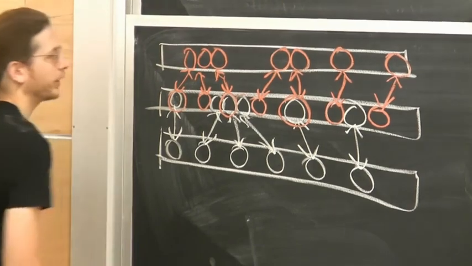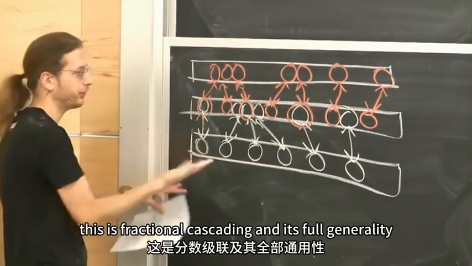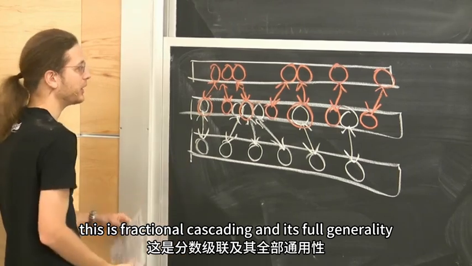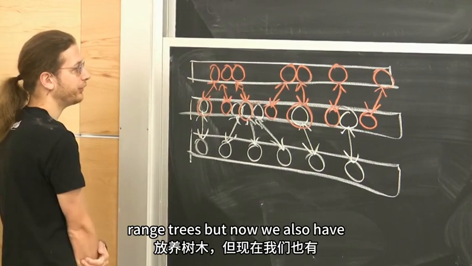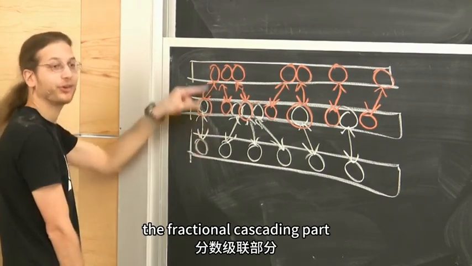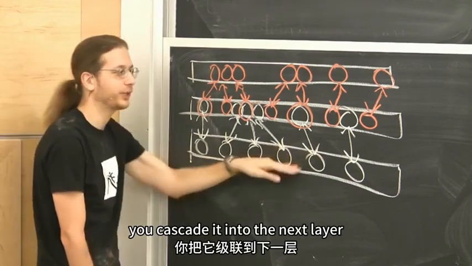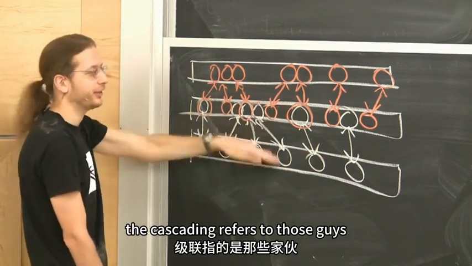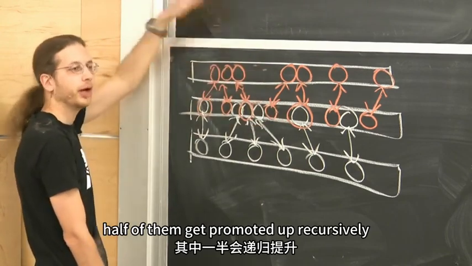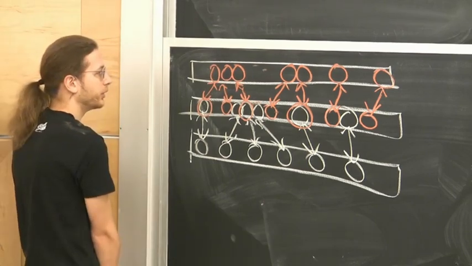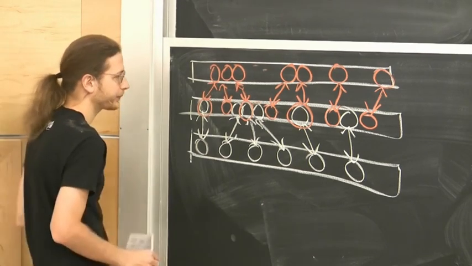Okay, I claim this is enough information. This is fractional cascading in its full generality. We have the cross-linking that we had in the layered range trees, but now we also have the fractional cascading part, which is you take a fraction, you cascade it into the next layer. The cascading refers to those guys continuing to get promoted: half of them get promoted up recursively. Okay, that's where the name comes from.